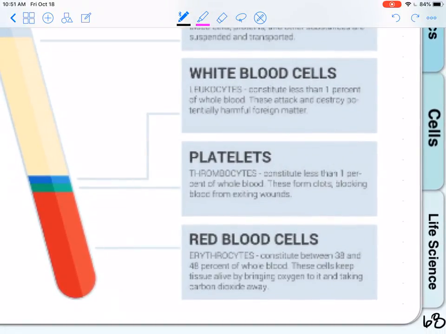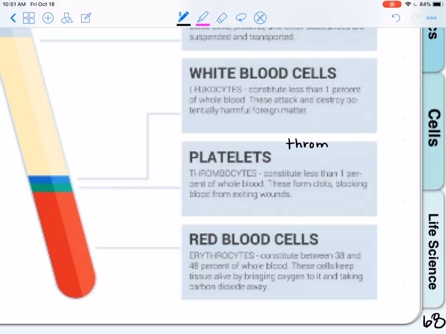Platelets, which are also called thrombocytes, constitute less than 1% of whole blood. These form clots, blocking blood from existing wounds. Anytime you see thrombo, think of a blood clot.